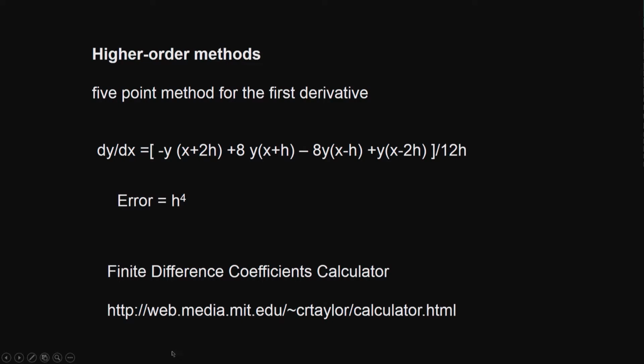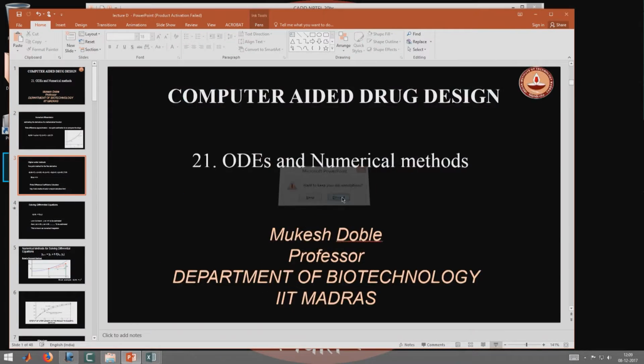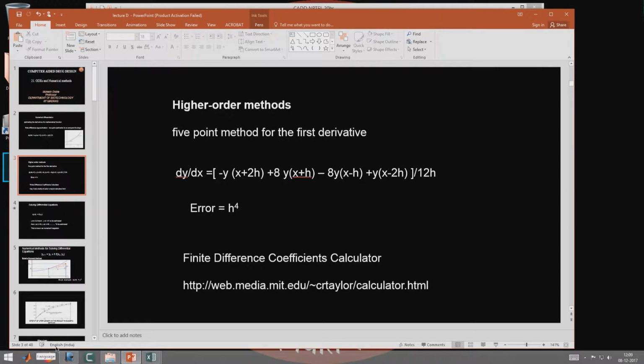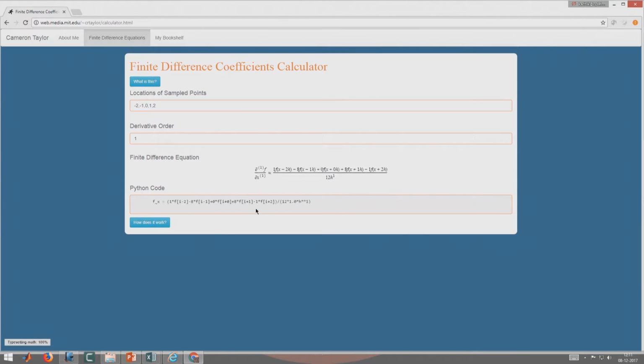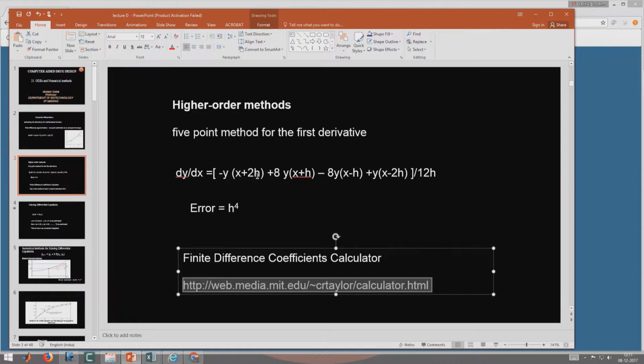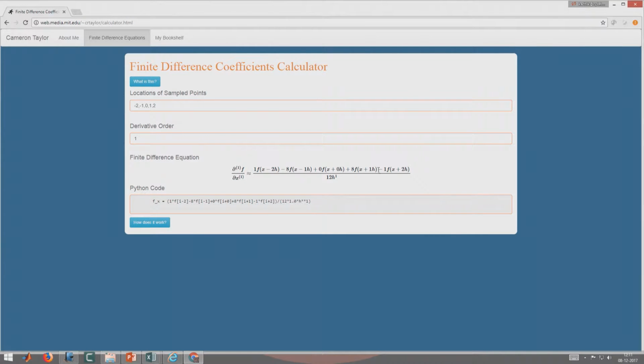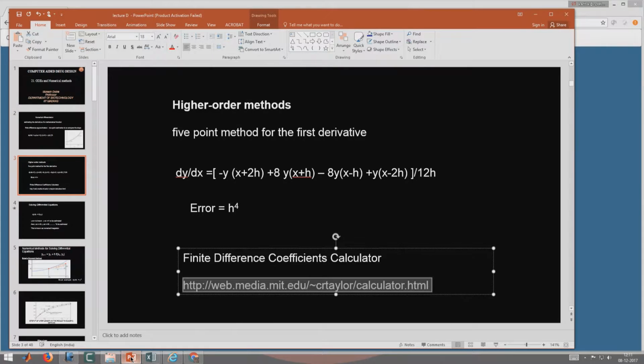In fact, this particular website gives you the values of the coefficients. For example, let us have a look at it actually. If those 5 points are at minus 2, minus 1, then at plus 2, plus 1, this is how the equation will look like I showed you here, f(x minus h), like I showed you here.